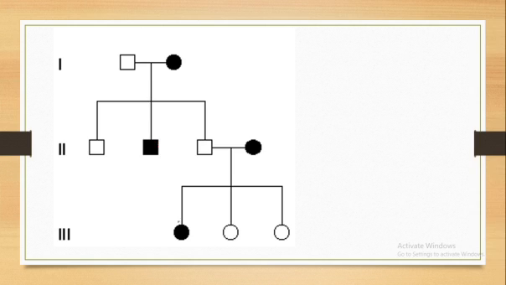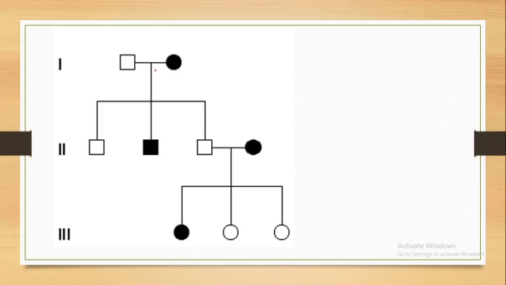Now we check all the generations. Third generation, the daughter is affected, she has a parent who is also affected. Second generation, the son who is affected has a parent who is also showing it. So that means it is not skipping any generation.